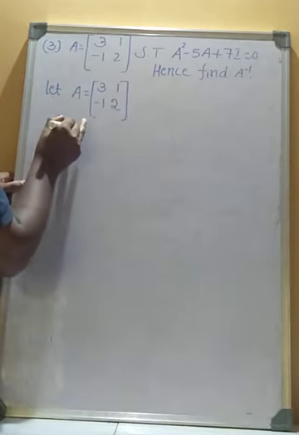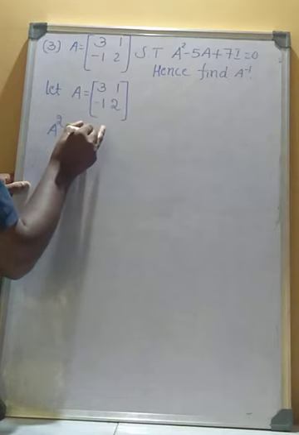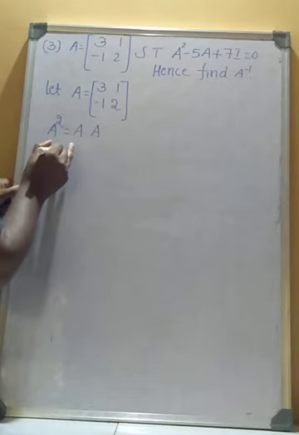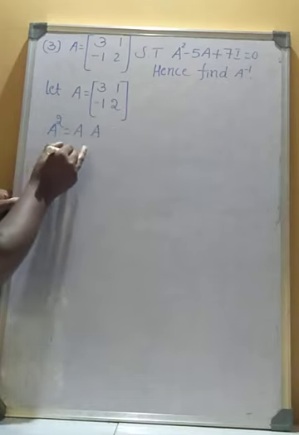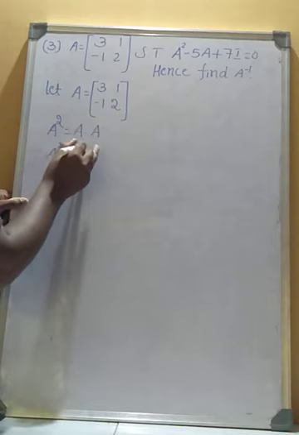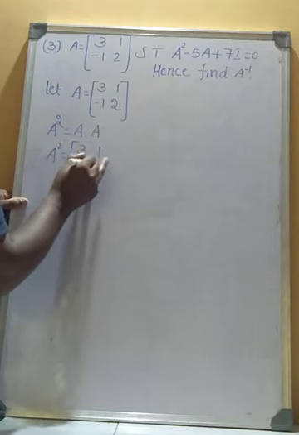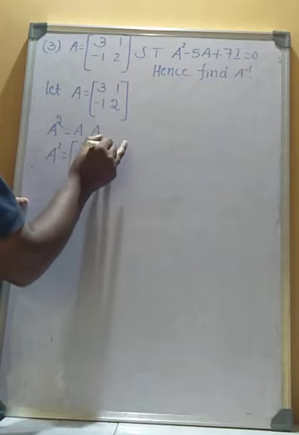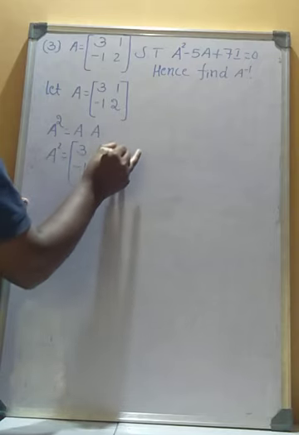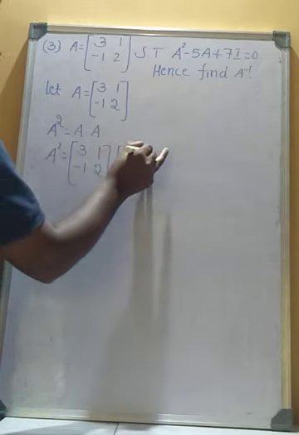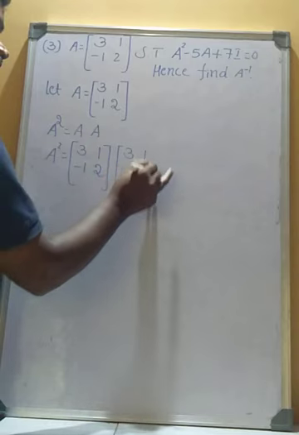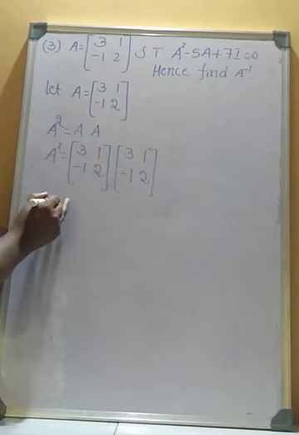Then A square is equal to A into A. Therefore A square is equal to 3 1, minus 1 2 into 3 1, minus 1 2.